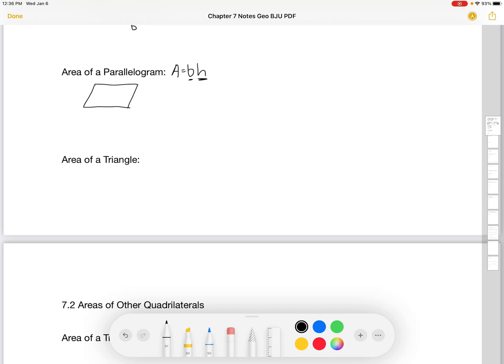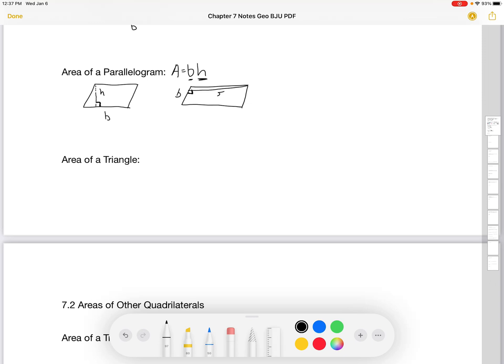I could have a figure that looks like this, where this is my height and this is my base. I could also be given a figure that looks like this, where this is my height and this is my base. So base doesn't mean bottom. The base and the height will always be connected by the right angle.